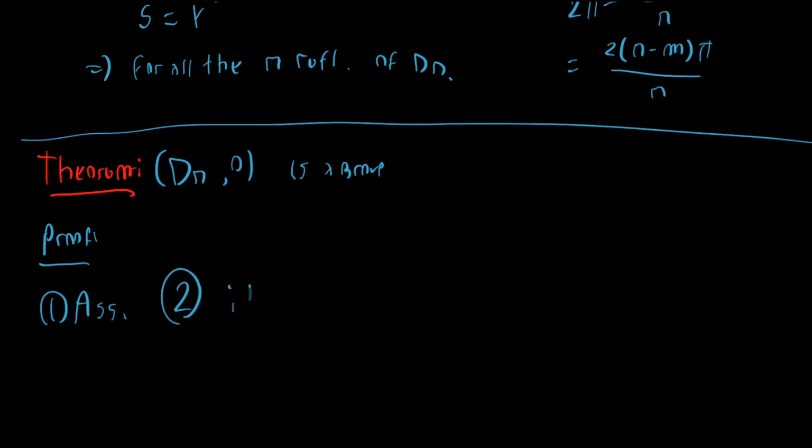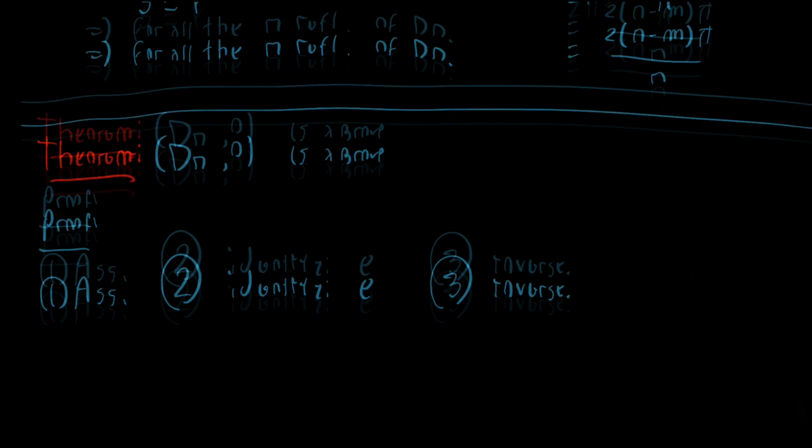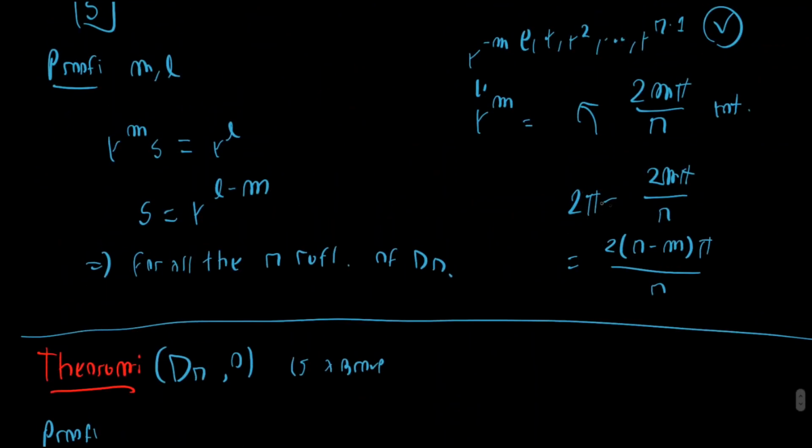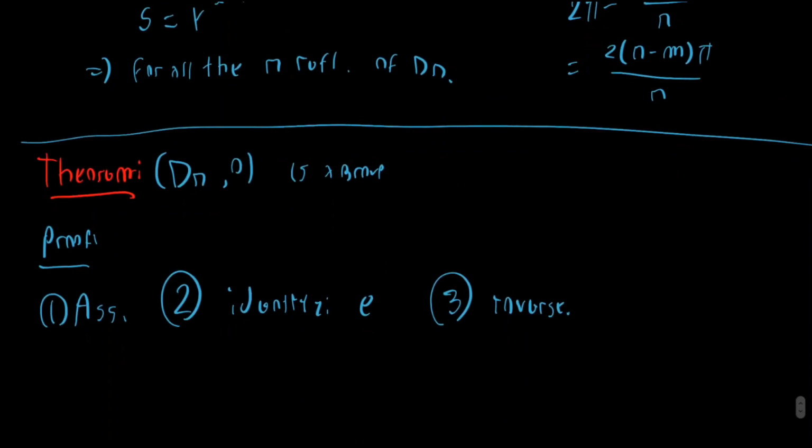Now, the identity element is the identity, the 0 degrees rotation E. And the inverse for each element, we already found an explicit form for the inverse of each rotation.